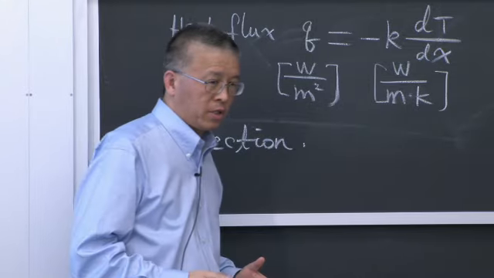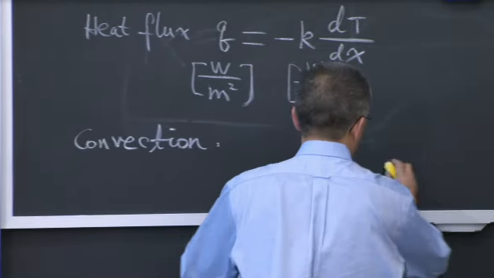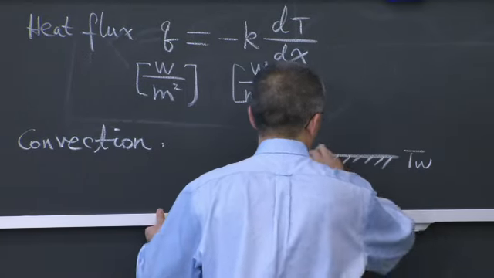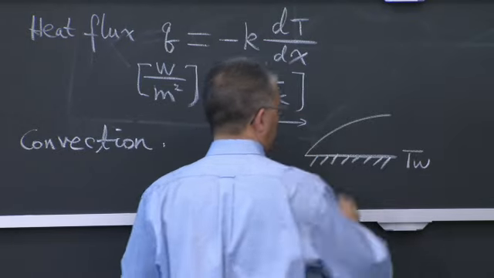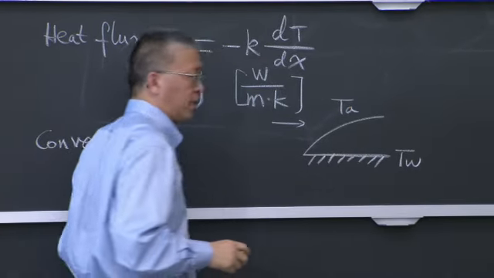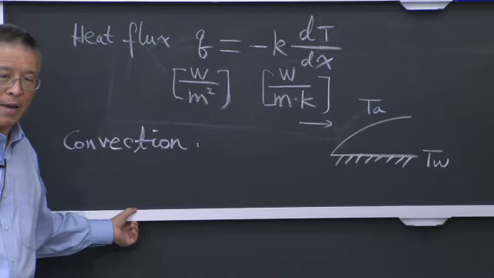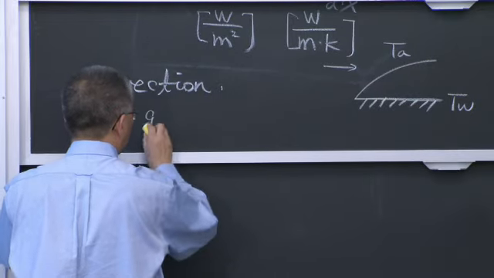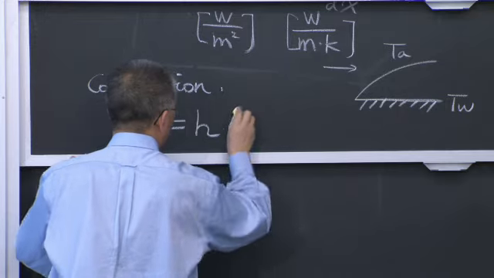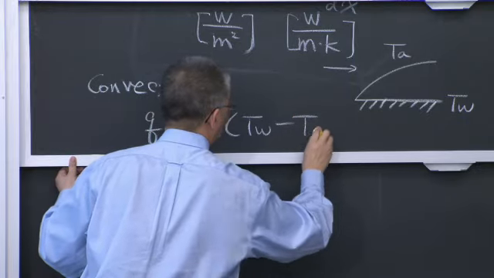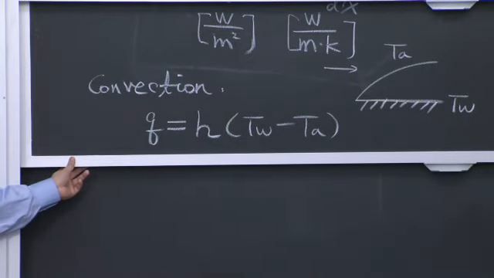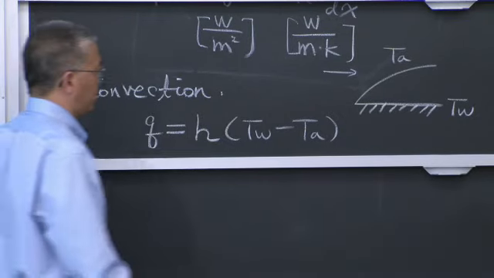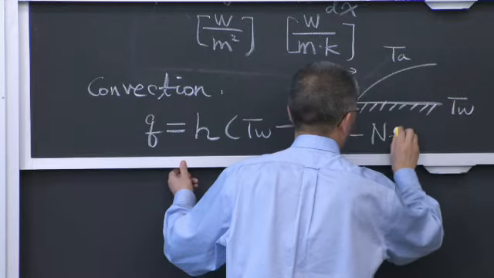But in the simplest picture, I have a heated surface, a wall, and a fluid, and away from the wall the fluid temperature is T ambient. The law for cooling is Q equals h times (T_w minus T_a). This is Newton's law of cooling.